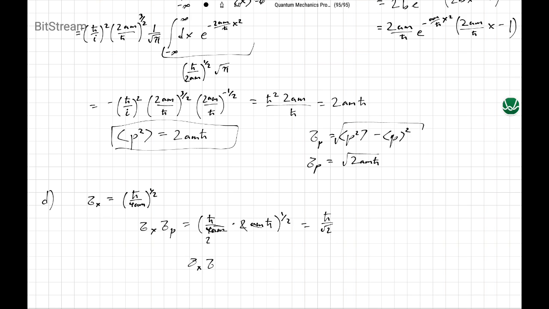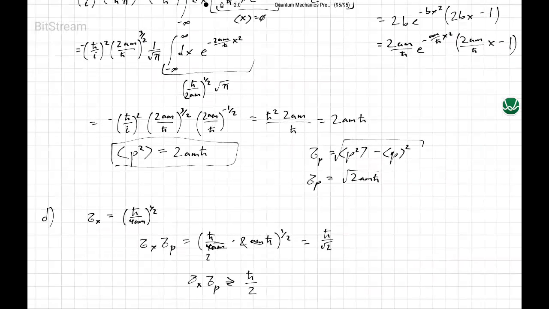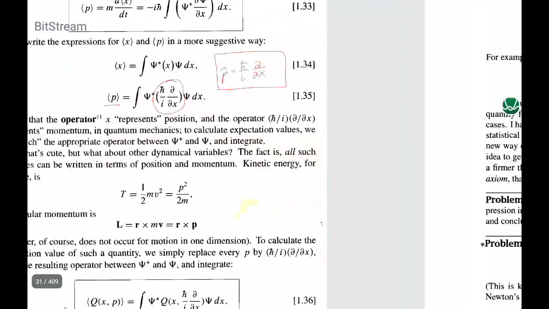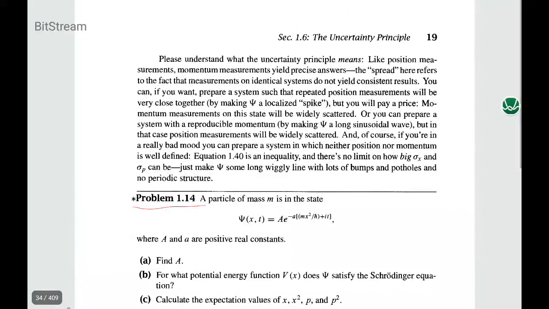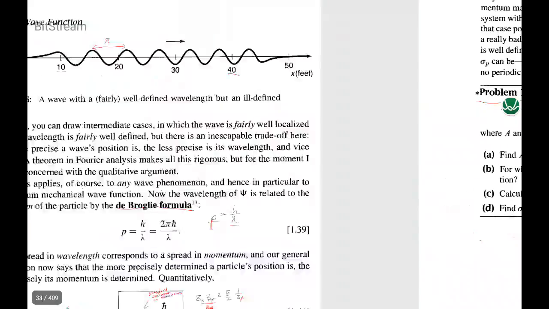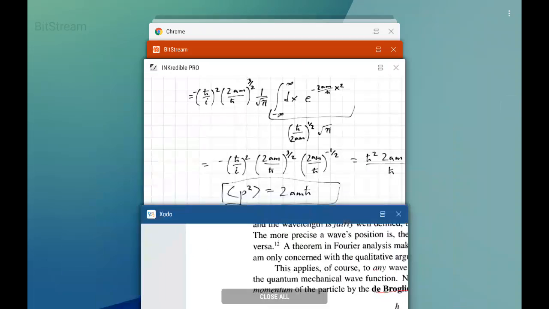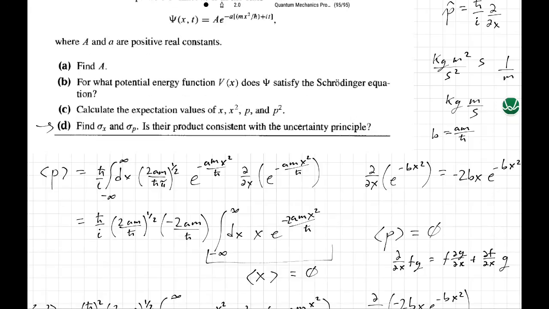This is where I suspect I made a mistake and had an extra factor of 2, because what we expect from the uncertainty principle is h bar over 2. I don't know, usually we just say h bar because I play all fast and loose with that, when admittedly I should not. H bar over 2. Yeah, so I'm assuming I probably made a mistake somewhere.